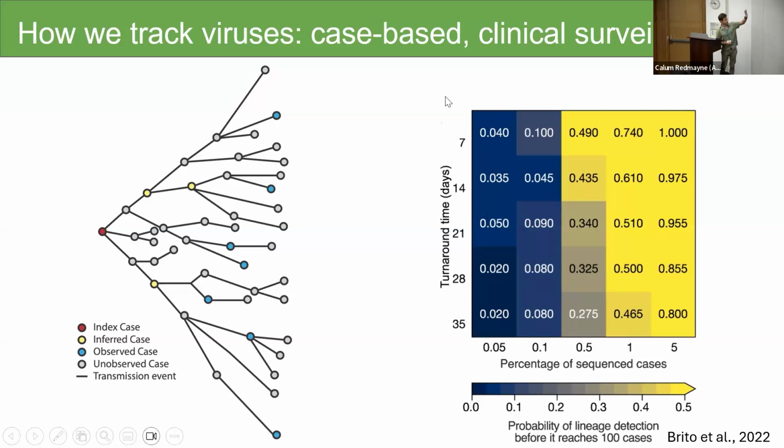So this plot, suffice to say, basically shows that as you decrease the rate of sequencing among cases that are being sampled, you get an increase in the amount of time to actually detect a novel lineage. So this can have significant public health impacts. We'll talk about specific cases about that in a bit.